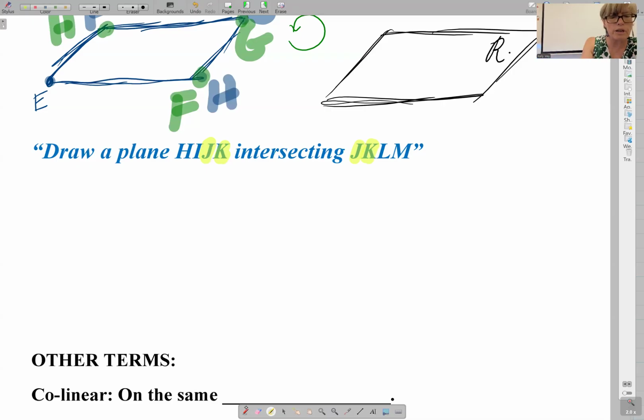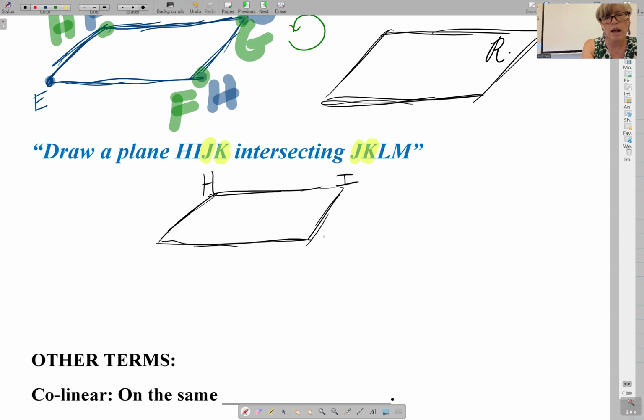So watch carefully. So I have H, I, J, K intersecting J, K, L, M. J, K, there's J and K again, same letter, same point.